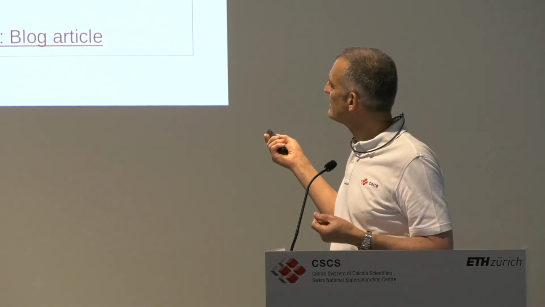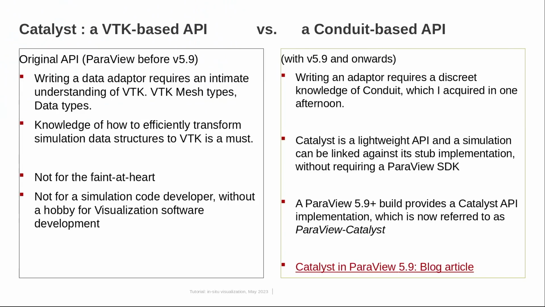Catalyst is a lightweight API which you link against with a stub implementation, and at runtime you say, I want to use the ParaView implementation of Catalyst. So that's the key to it. There's a nice blog article here which is linked into the presentation.